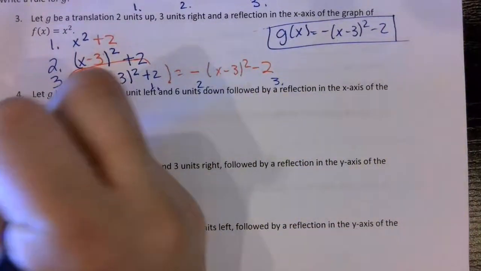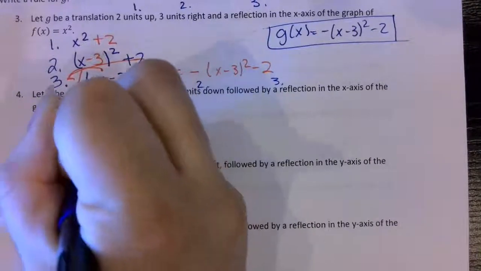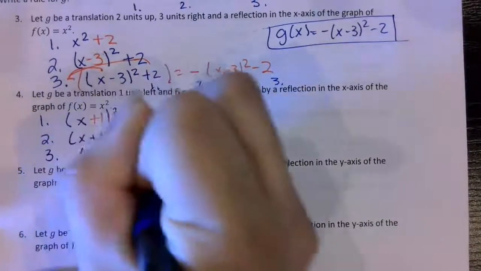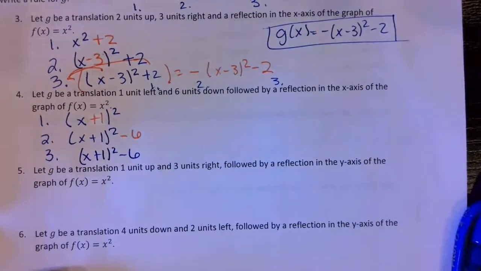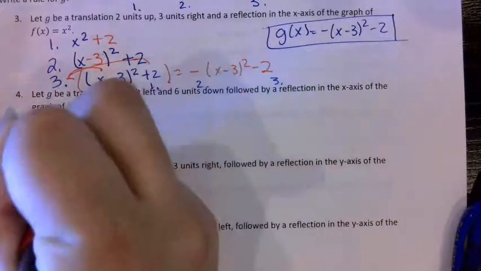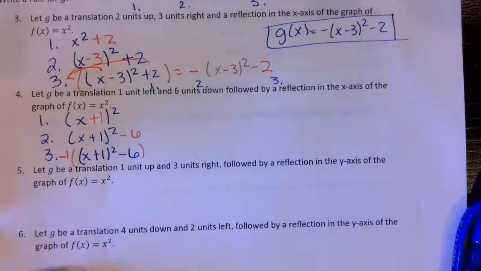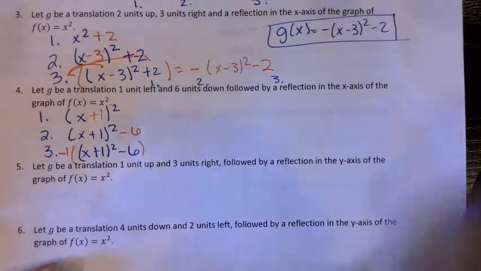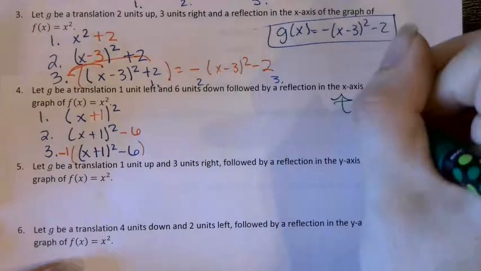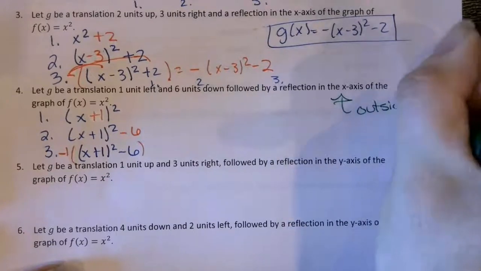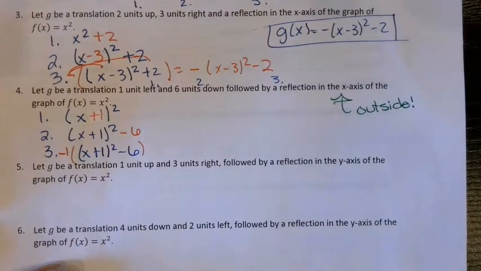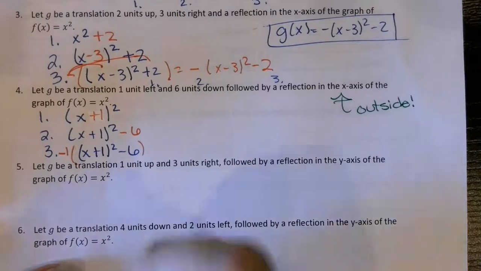Step 3 is also a reflection on the axis, so just like the last one, I rewrite everything, and then I'm going to distribute a negative 1 to it. One thing I want to point out before I get too far, x-axis changes the outside. So I distribute.